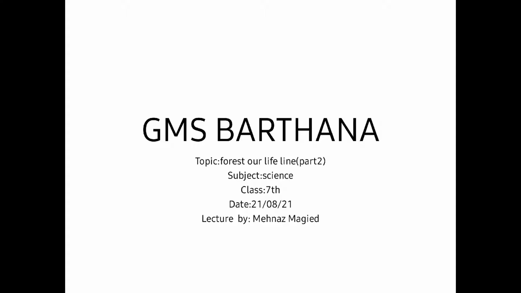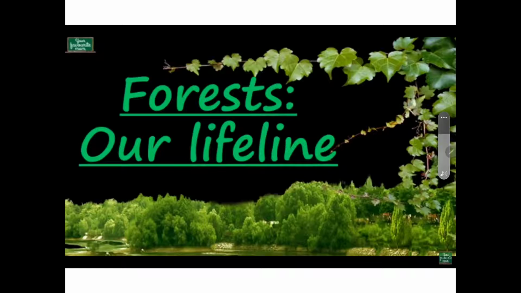It's part 2. The subject is science. It's the 17th chapter of the NCERT book. And today's date is 21/8/21. This is Forests Our Lifeline. We talked about many animals and plants which grow in forests, and forests are our lifeline.